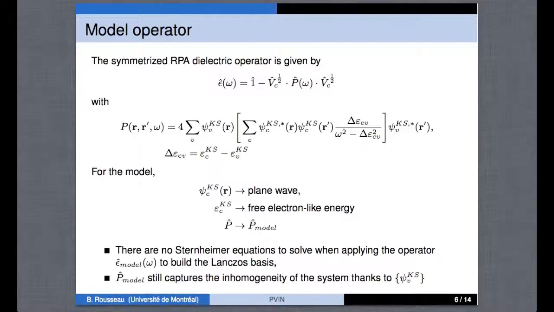Thus, our polarizability becomes a model polarizability, and it's much easier to compute with. However, this model polarizability is not simply jellium. It still captures the inhomogeneity of the system because we keep the valence states and projections onto the conduction states such that our system still mimics a molecule.